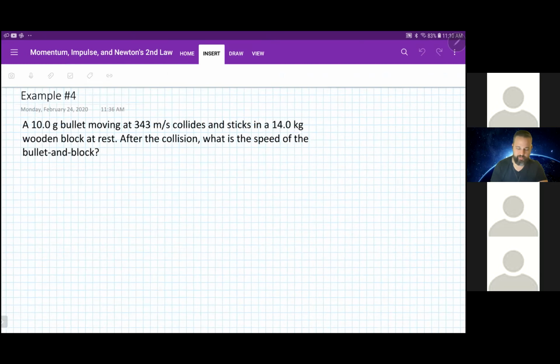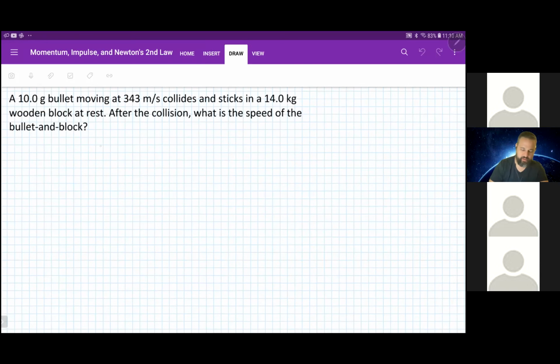We've got a 10-gram bullet moving at 343 meters per second, and it collides and sticks in a 14-kilogram wooden block at rest. After the collision, what is the speed of the bullet and the block? So we've got the beginning state, and then all the ending stuff.